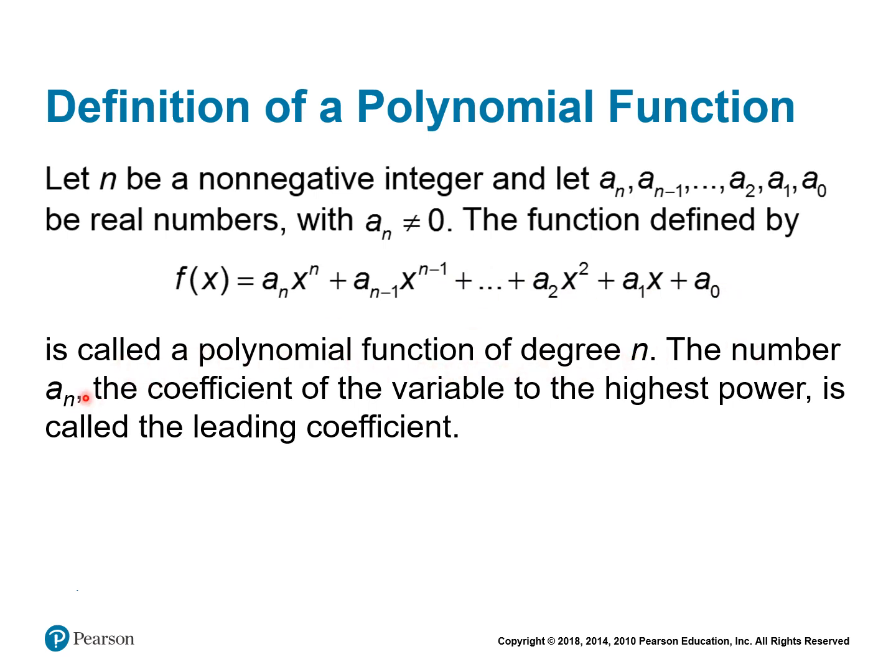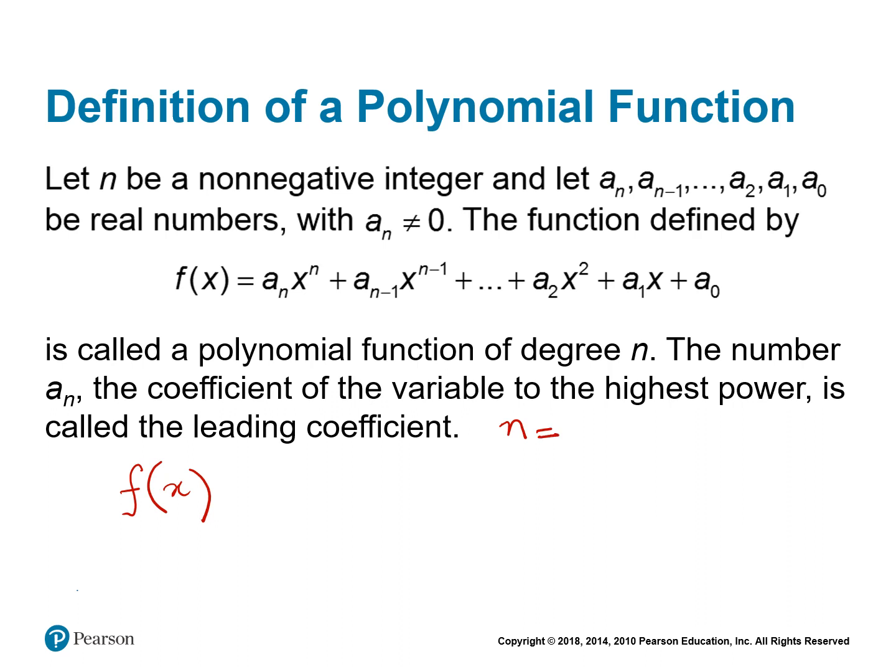The number a sub n is the coefficient of the variable to the highest power, and it's also called the leading coefficient. So, working this with an example, let's say n represents an exponent value.